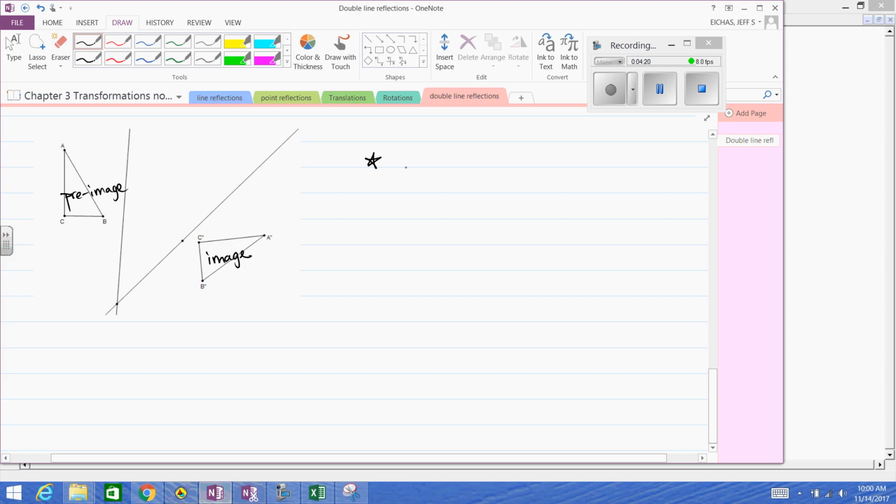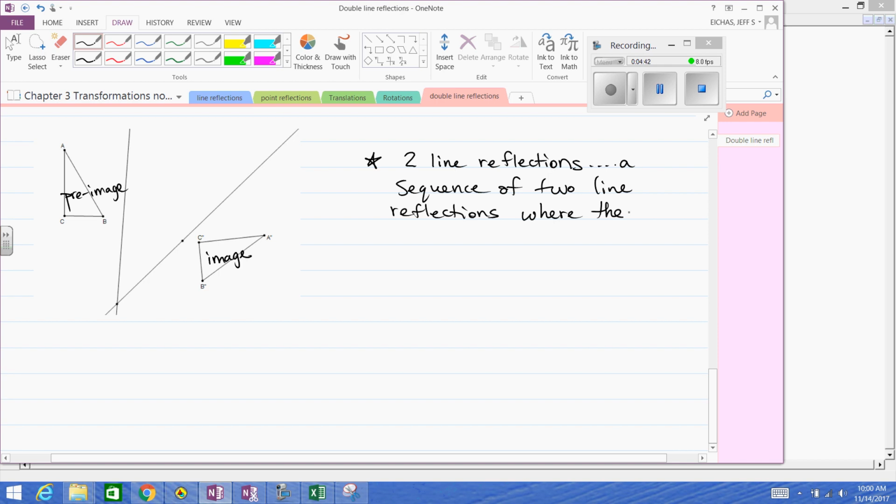Okay, so two line reflections, a sequence of two line reflections, where the mirrors, or the lines that we reflect over, are not parallel, is equivalent to a rotation.